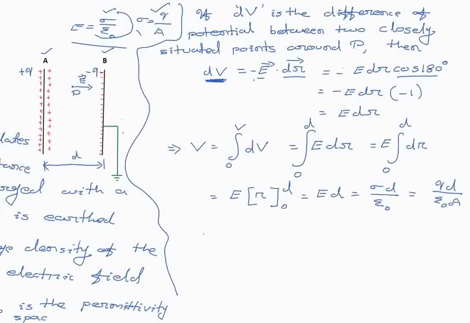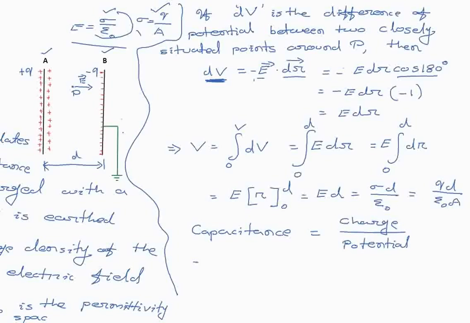Now the capacitance of this parallel plate capacitor is equal to charge divided by potential. Already we know from the definition, charge divided by potential is the capacitance.